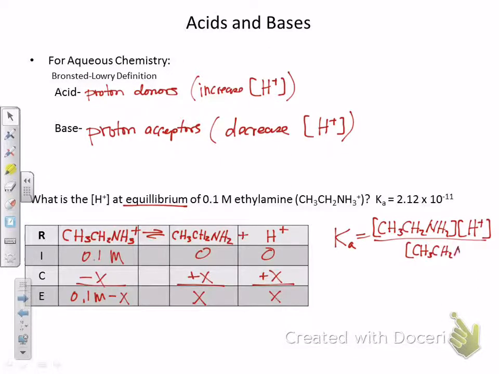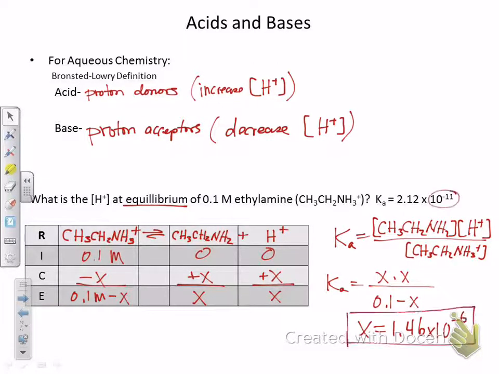The K, remember, represents equilibrium, so we're not talking about a Q. In this case, we're taking the values from the equilibrium row of our RICE table and substituting them in for the concentrations of the respective chemical species in the K expression. You can see me do that here, where we have X times X over 0.1 minus X. Then when we rearrange and solve for X, we find that X is equal to 1.46 times 10 to the negative 6th.